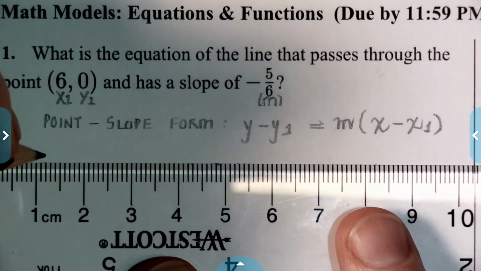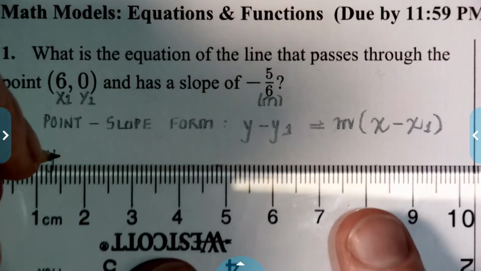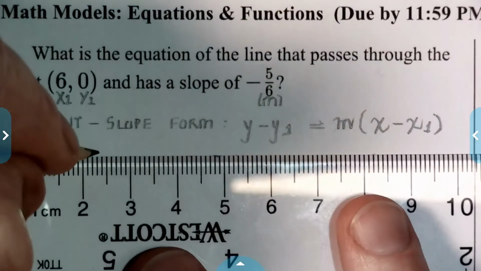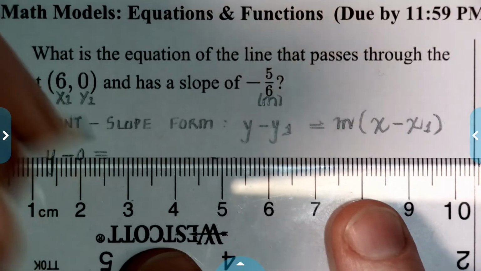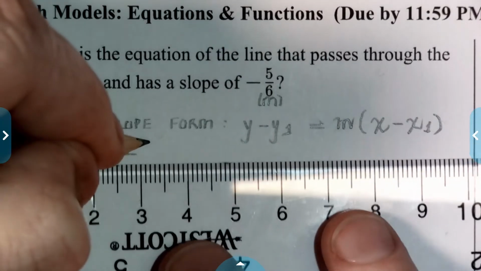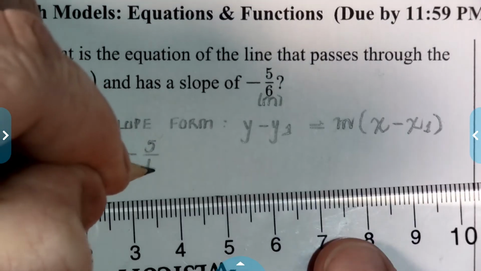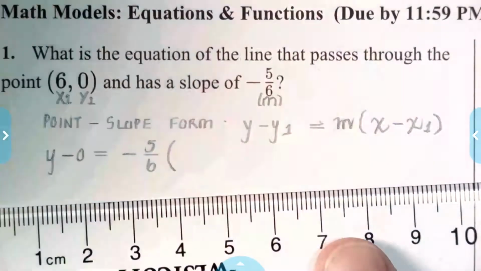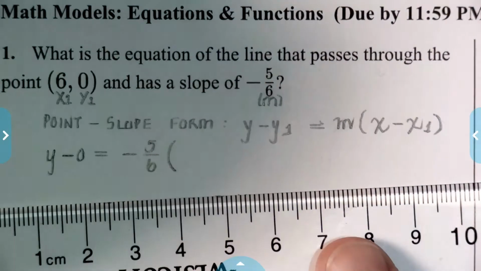So let's write y minus 0, because y1 is 0, equals, and then m is -5/6, so we put -5/6, open parentheses, and then x minus x1, and x1 is 6, so x minus 6.